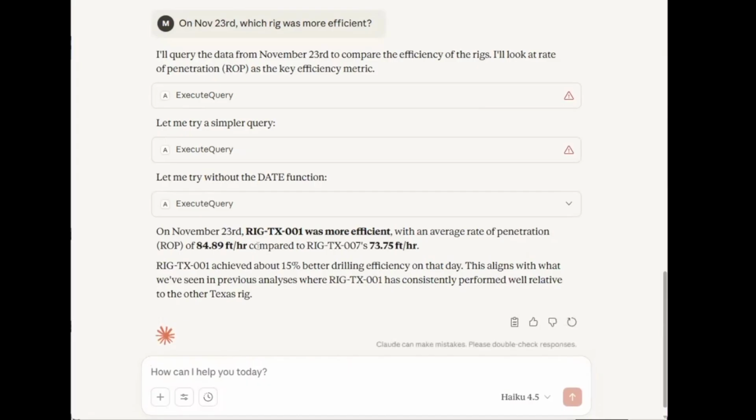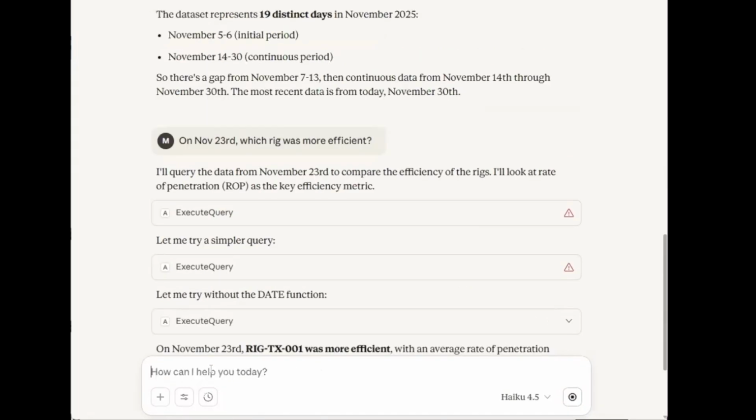And we can see here that rig 1 was most efficient, with a rate of penetration of 84.89 feet per hour.